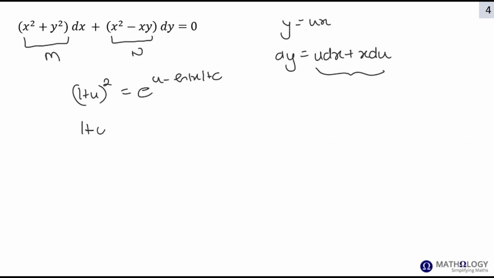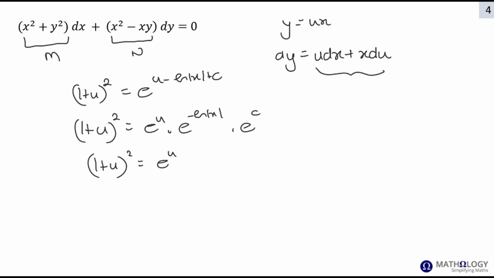So we have 1 plus u squared. I'm just going to try and clean this up here. So we'll have e to the u times e to the minus ln x times e to the c. Okay, we'll leave e to the u alone as it is. e to the c, this term here, is really just another constant. So we'll just call that a, and call it whatever constant you like.